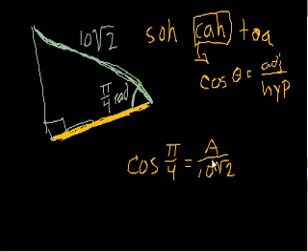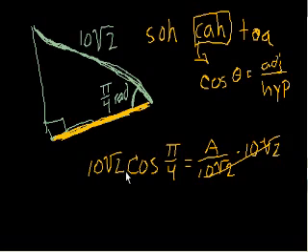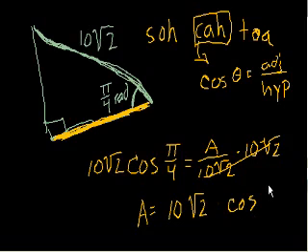So we can solve for A by multiplying both sides of this equation by 10 square roots of 2, and these cancel out, and you get a 10 square root of 2 here. So you get A is equal to 10 square roots of 2 times the cosine of pi over 4.